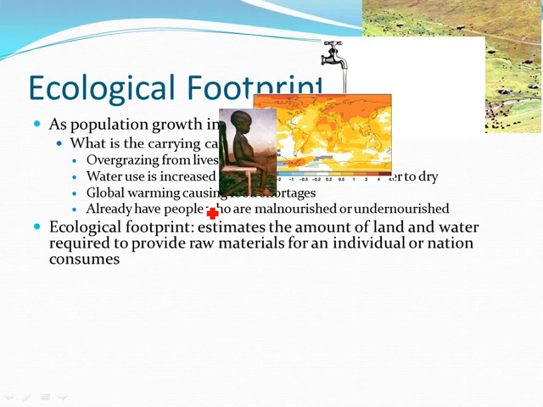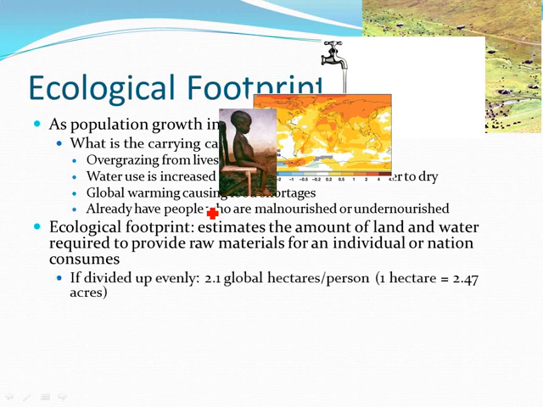So the ecological footprint is just the amount of land and water required to provide for an individual or nation, based on how much they consume. So if we divided all the land on the earth equally among all the people on the earth, it would give us 2.1 hectares per person.